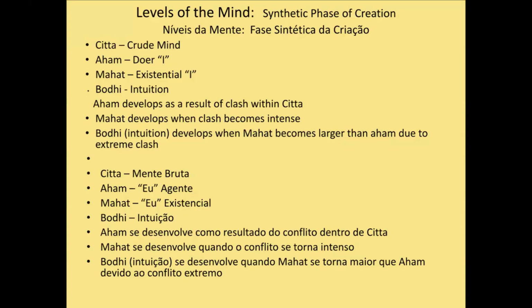The ahang develops as a result of clash within the chitta, the crude mind. The mahat develops when clash becomes intense. And the intuition, the bodhi, develops when the mahat becomes larger than the ahang, due to extreme clash.